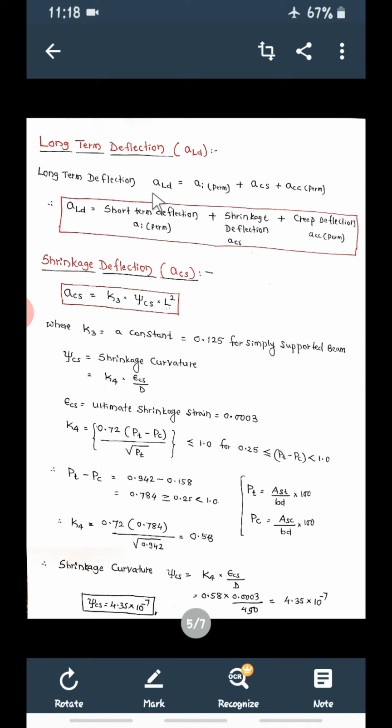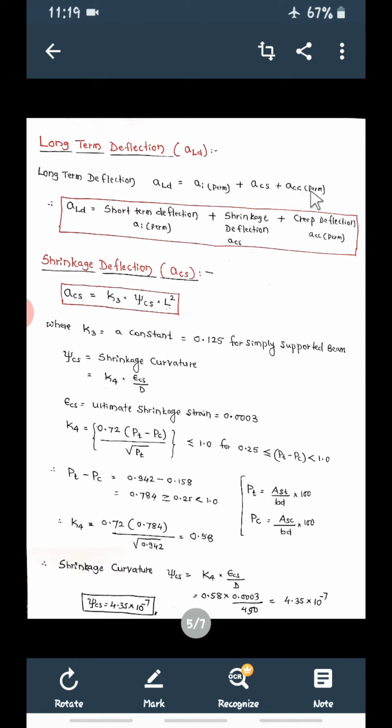So this is the total long term deflection. That is equal to the short term deflection, whatever we have previously calculated, that is ai permanent, plus ACS. What is ACS? Shrinkage deflection. ACS is shrinkage deflection.